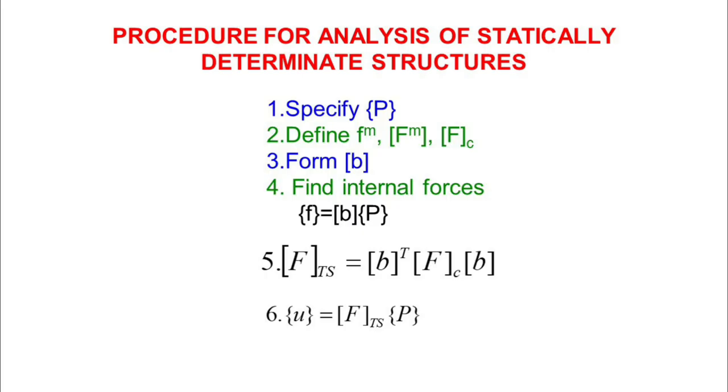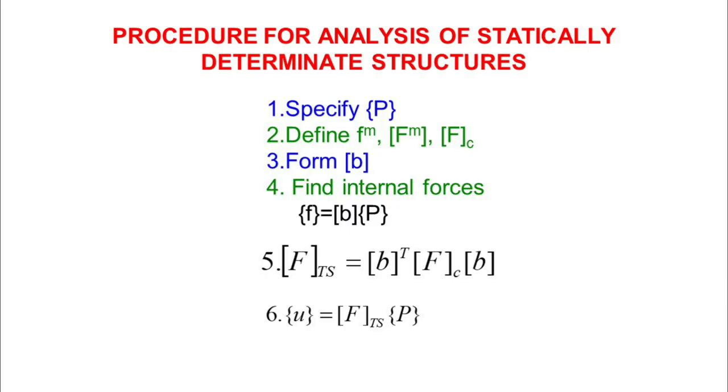Then the next step is to form the force transformation matrix B, which we have learnt requires us to apply a unit force one by one along each of the external forces and find out what the internal forces induced in various members are. So that will give us the matrix B column by column.